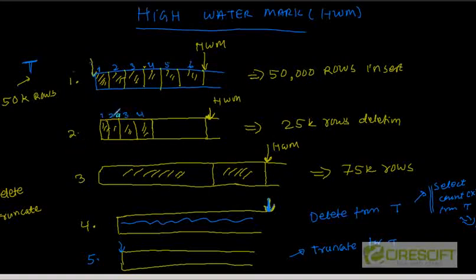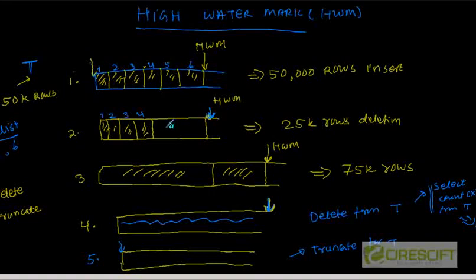Okay, so essentially free list will contain the blocks which are under the high water mark and are free for further insert. In this case, after I delete 25,000 rows in step 3, my free list will contain block number 5 and block number 6, because block number 5 and block number 6 are under the high water mark, right?